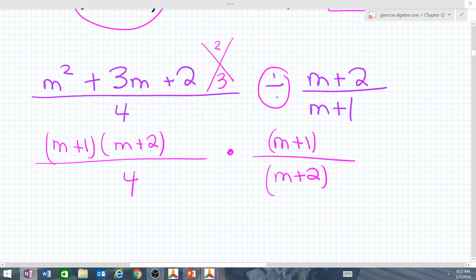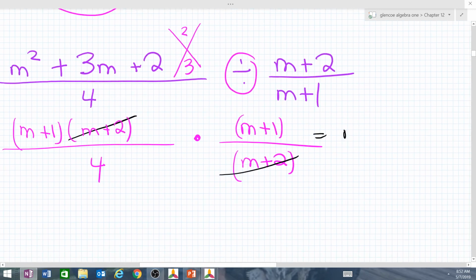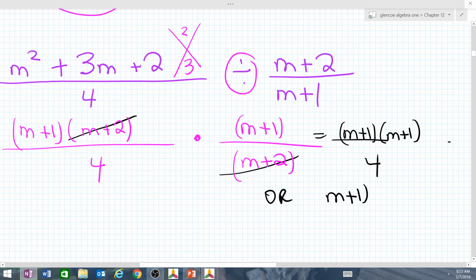Does anyone see something that we're going to cancel? Yes. The m plus 2's cancel, which leaves you in your numerator m plus 1 times m plus 1 over 4, or most likely written as m plus 1 quantity squared over 4.